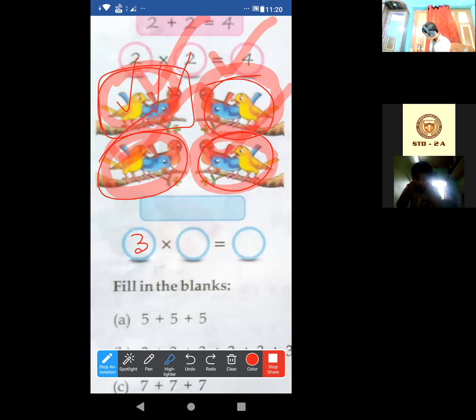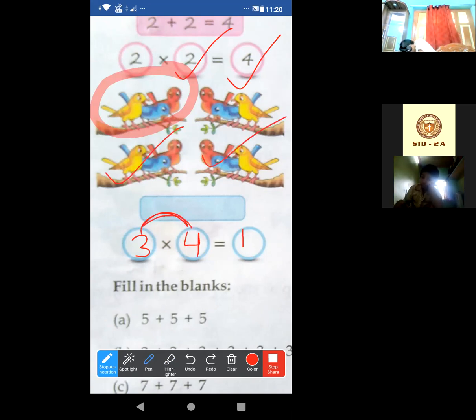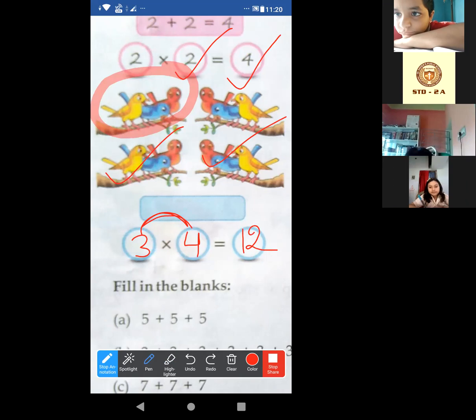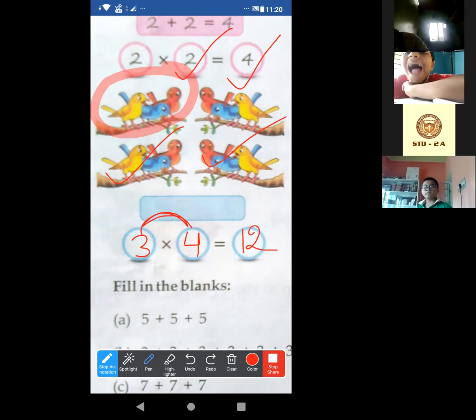So first I have written the number 3. Then how many times? So 1, 2, 3, 4. 4 times. 3 fours are 12. Understood? Is this clear or not? If yes, you can shake your head. Okay.